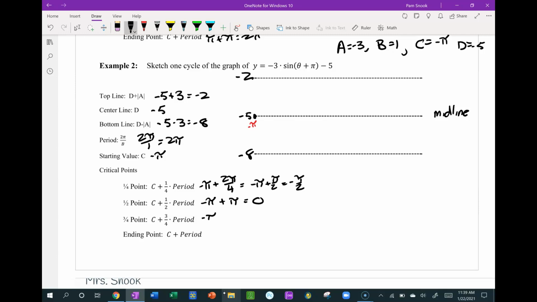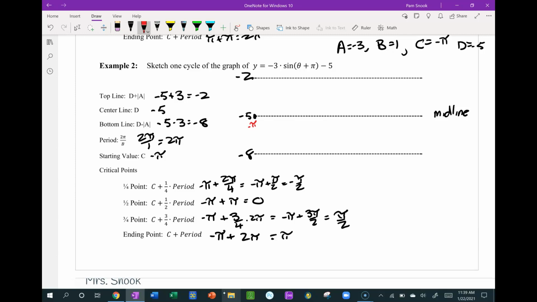And then -pi plus 3/4 of a period, plus 3 over 4 times 2 pi, is going to be -pi plus 3 pi over 2, which gives me pi over 2. And then my endpoint is going to be -pi plus a whole period, plus 2 pi, and that equals pi.